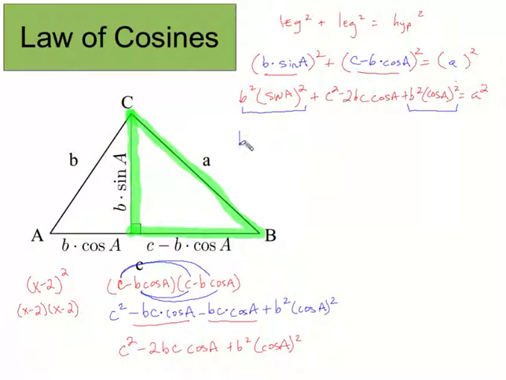So I'm going to bring them together. b squared times sine of angle A squared plus b squared times cosine of angle A squared. All I've done is rearrange things using commutative or associative properties. Plus c squared minus 2bc times cosine of angle A should equal a squared.